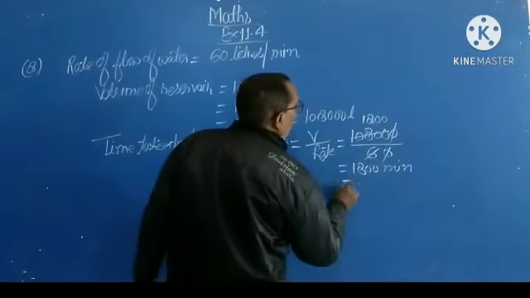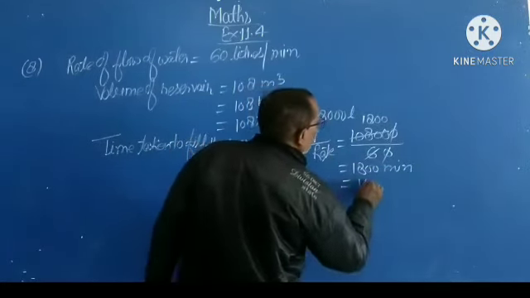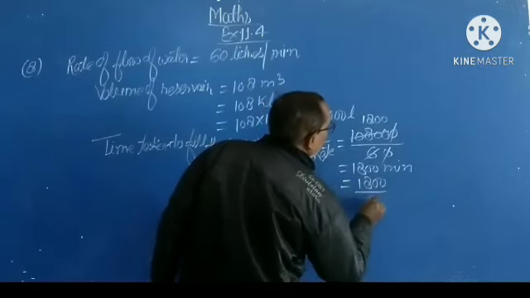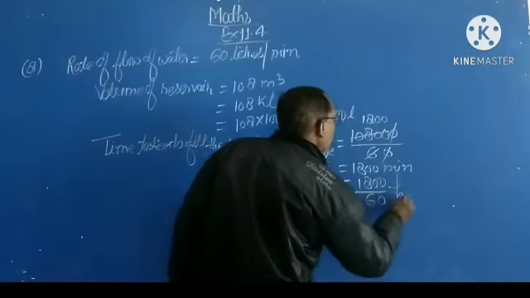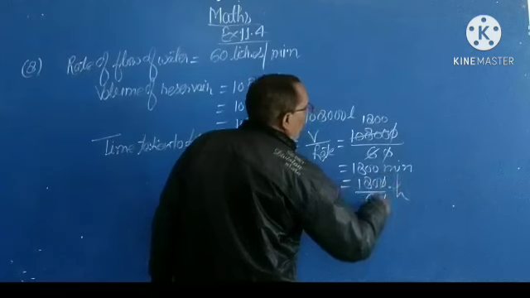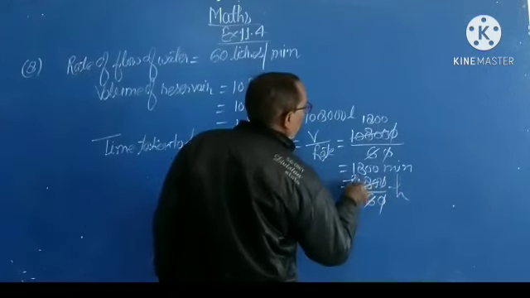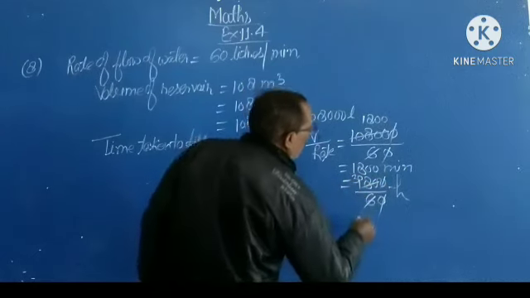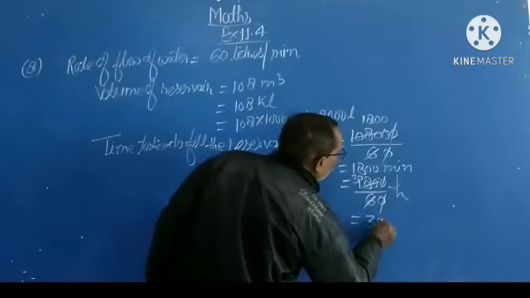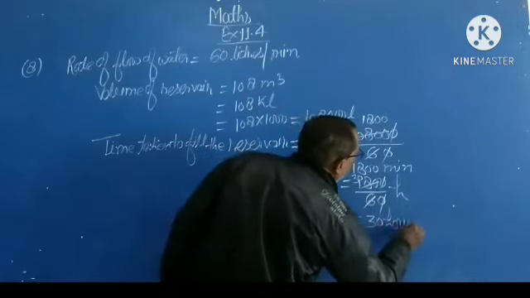When you convert this into hour, 1800 divided by 60, 0 is cancelled by 0 and 6 3s are 18 and 0 is here. Then the answer is 30 hours.